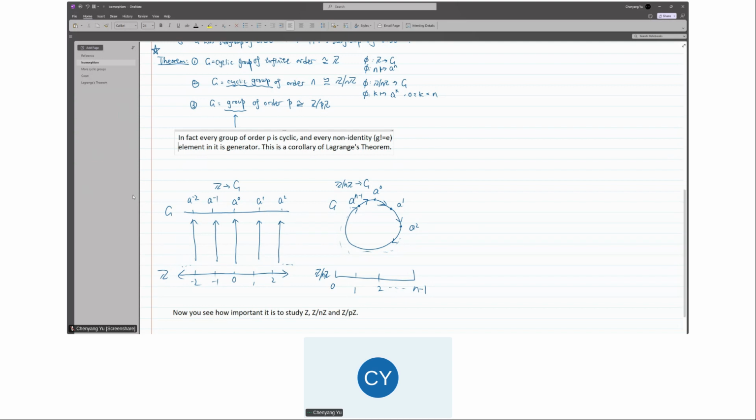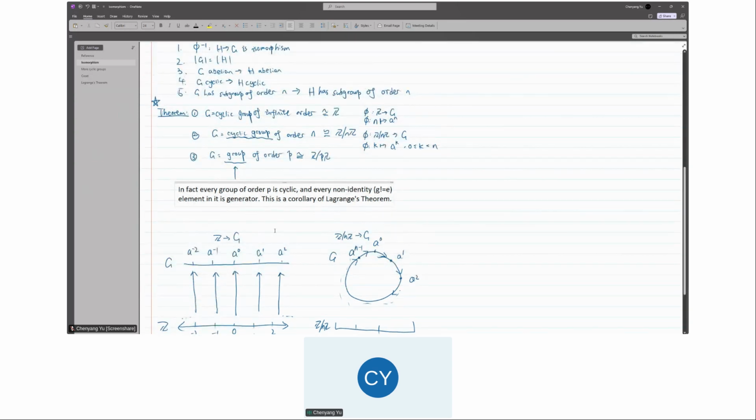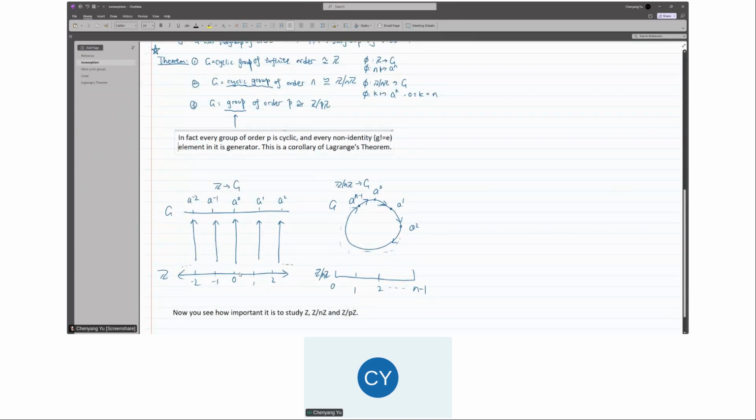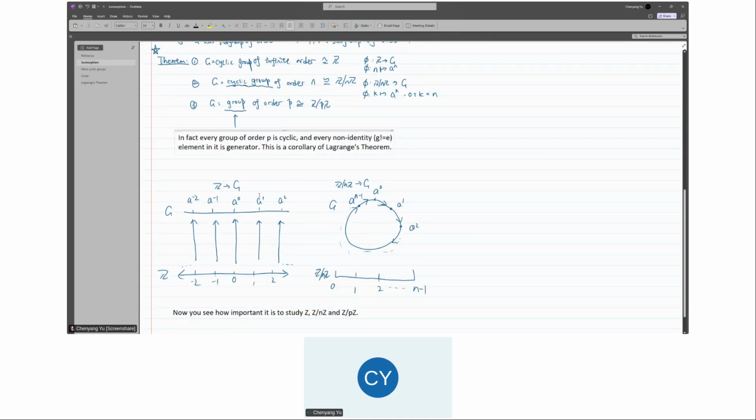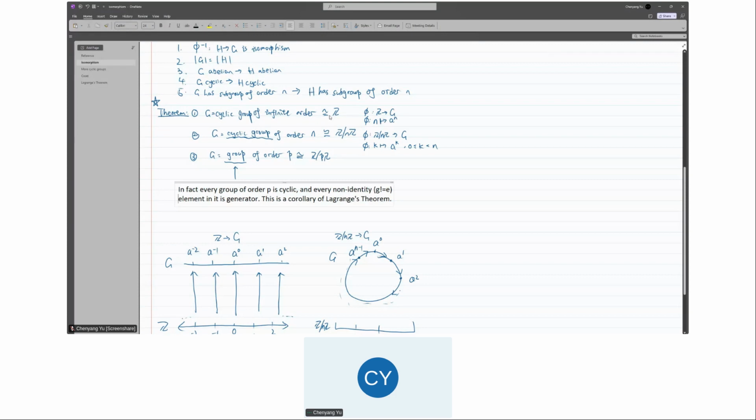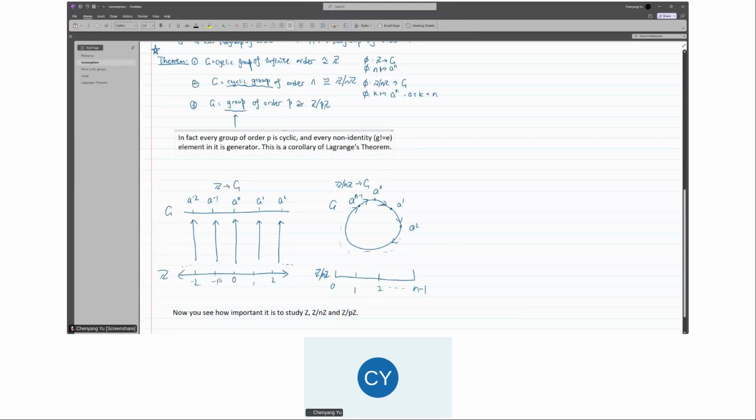This is the first case. You can see we construct a one-to-one correspondence here, but we are not going to prove it formally. So any cyclic group of infinite order, visualize it as an infinite number line, is isomorphic to Z because we can find a one-to-one correspondence.